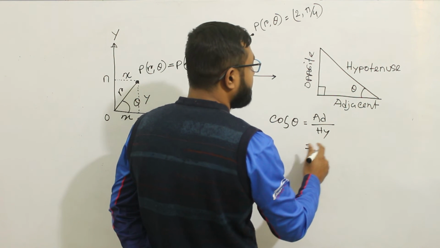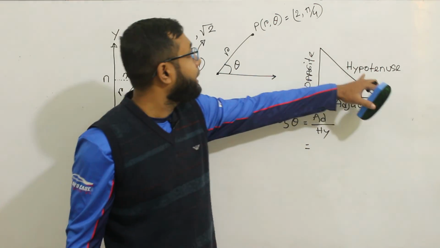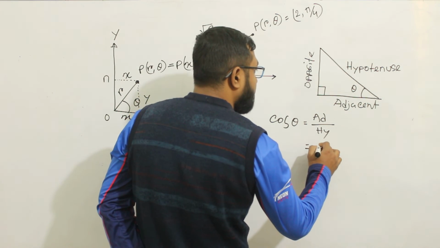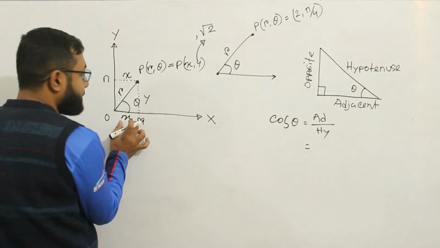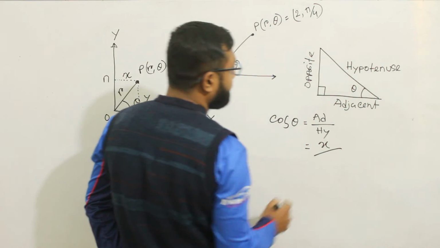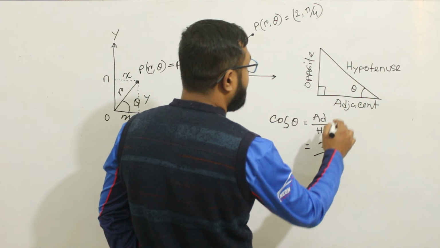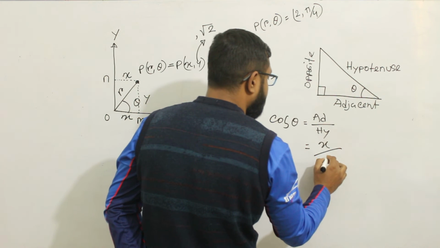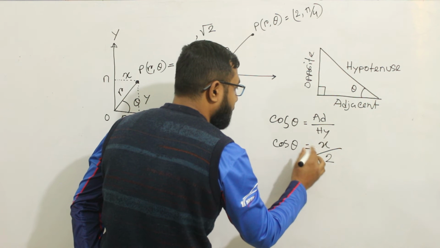Here the adjacent arm is unknown, as stated here, x, but the hypotenuse value is given as 2. So cosine theta is x by 2.